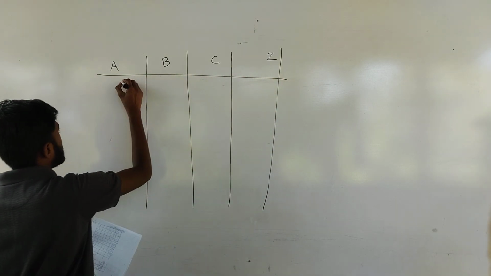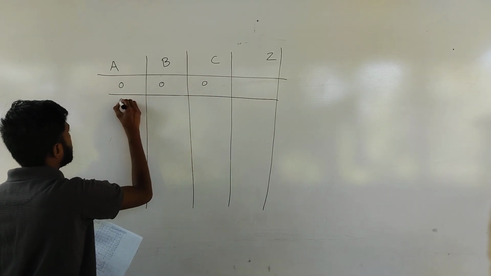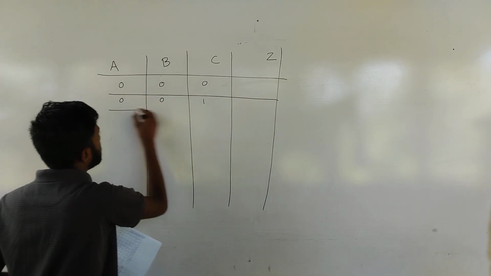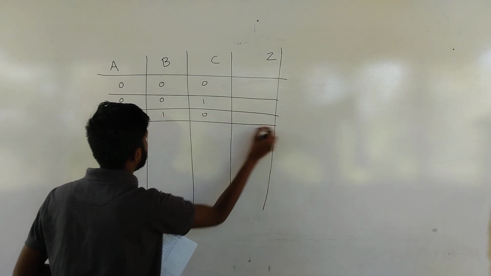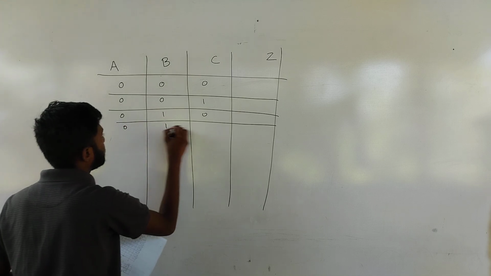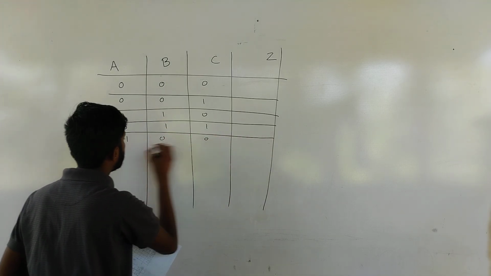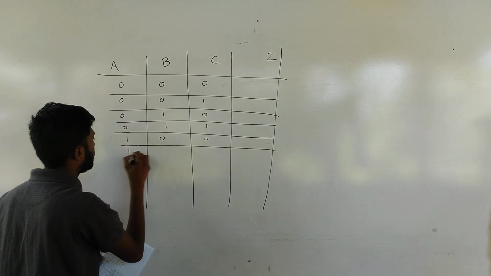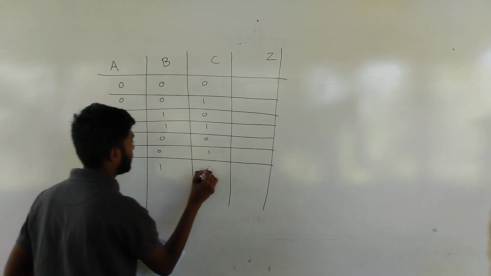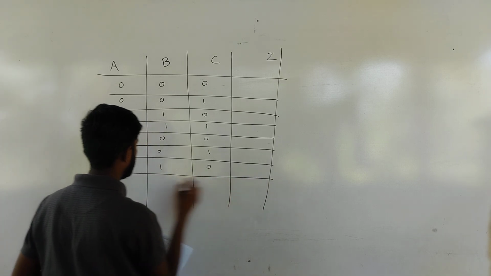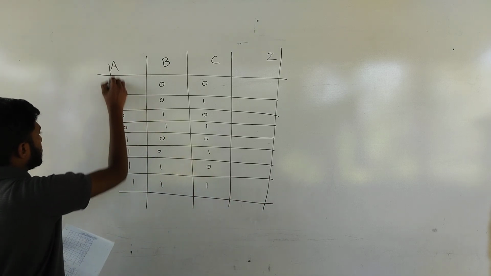The first combination is 0, 0, 0, then 0, 0, 1, then 3, 4, 5, then 6, and finally 7. If you take the count, there will be 8 combinations here, okay?